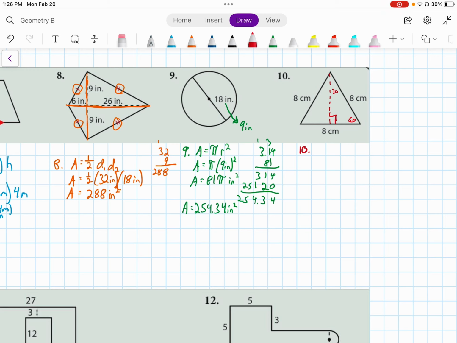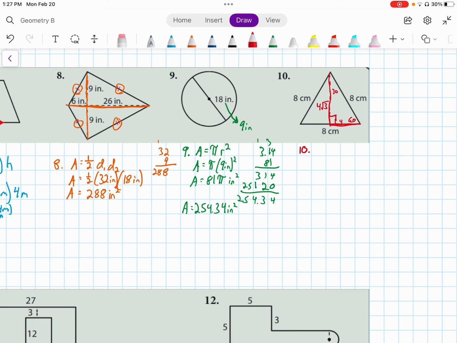There's a few different ways to do this, I should say. So we need to find the height. So you could use Pythagorean theorem, but this is a special triangle, so we know that this length right here, this height, is 4 times the square root of 3, because it's the shorter leg times the square root of 3.